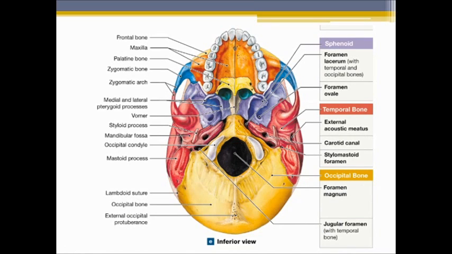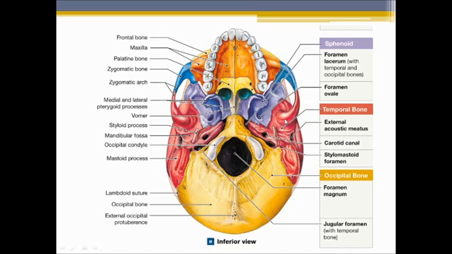From the inferior, we can see the foramen magnum, which literally means large hole. On either side of that are the occipital condyles. It's where the first vertebrae sits. We have the mastoid processes on either side of that.